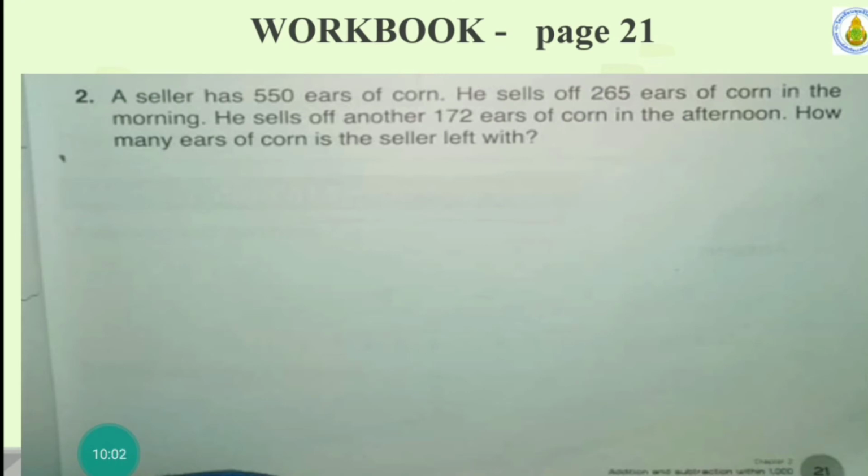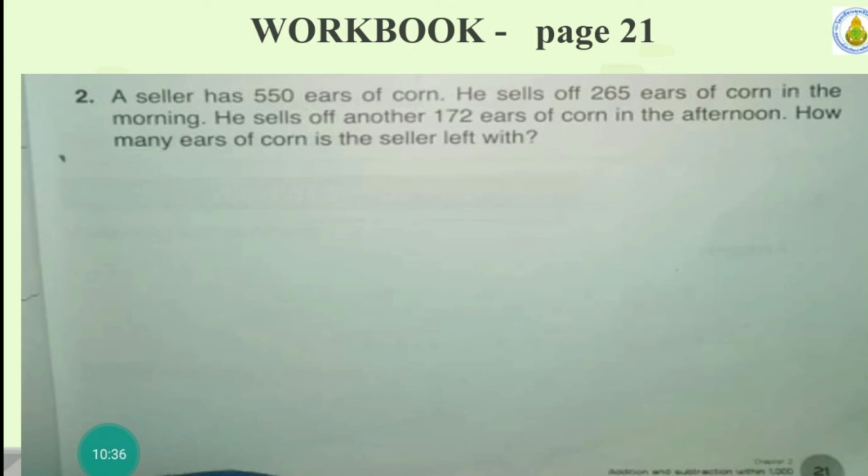Next, number 2. This is an example, number 2. Let's read the problem. The seller has 550 ears of corn. He sells off 265 ears of corn in the morning. He sells off another 172 ears of corn in the afternoon.